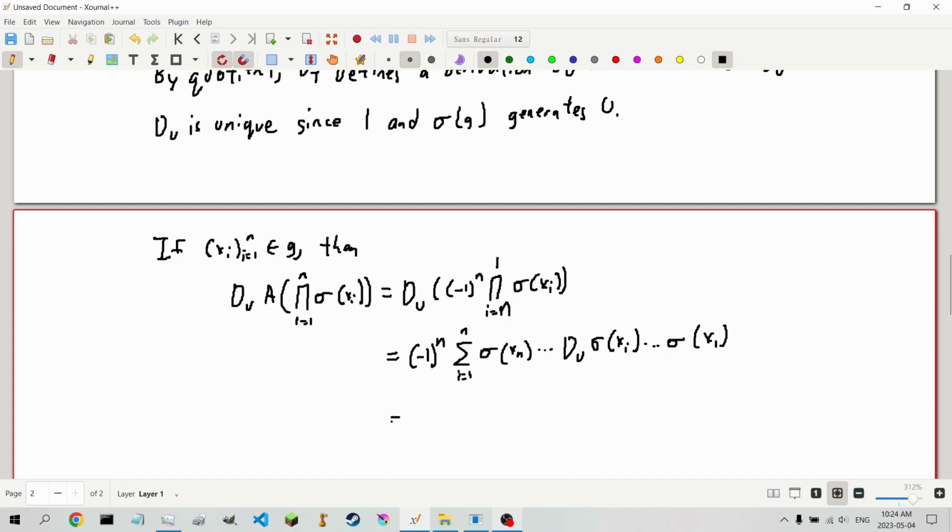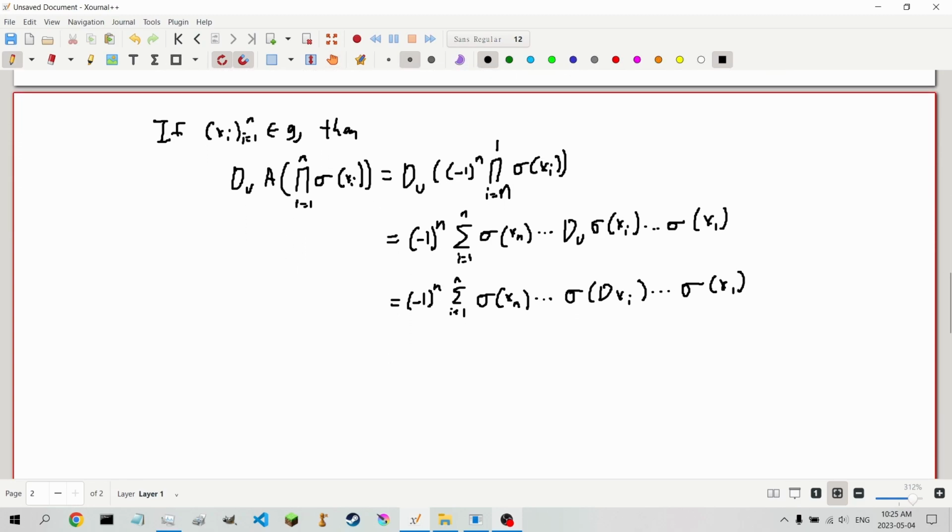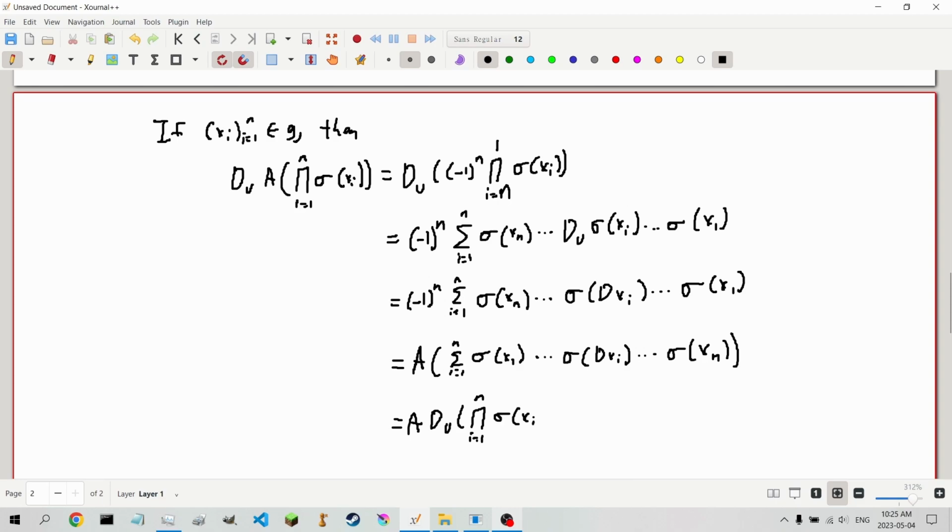And we saw before that du of sigma is just sigma of D. And so this whole thing is just, once again, the anti-automorphism of this product done back in the right order of sigma dx1 through sigma xn, which is the composition of A with du of the product in the normal order of the sigma xi's.